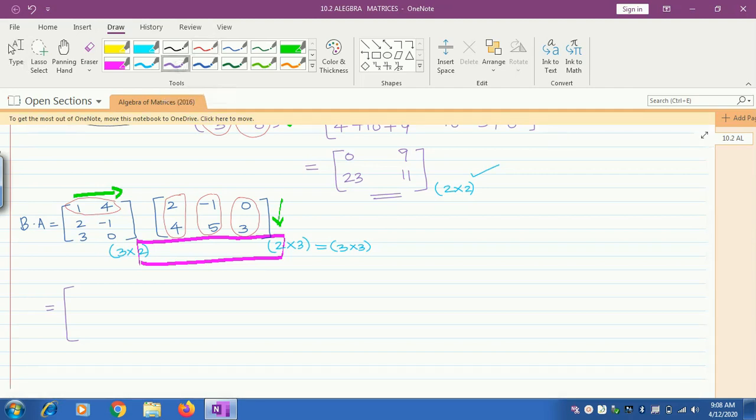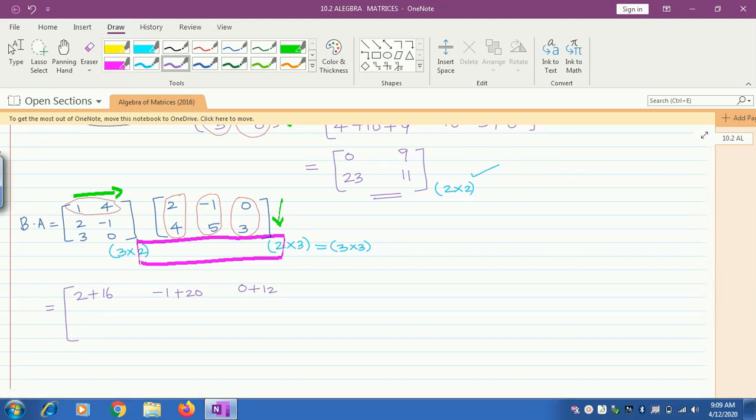We'll have here 1 into 2, which is equal to 2, plus 4 into 4, 16. First one is over. The next element, 1 into minus 1, minus 1, plus 4 into 5, 20. The next one, here we have 0 and then plus 12. This is the first one.